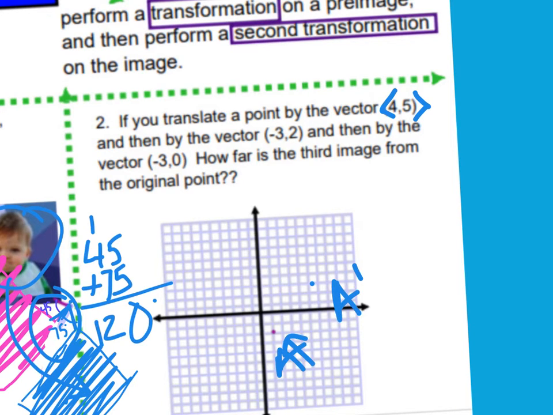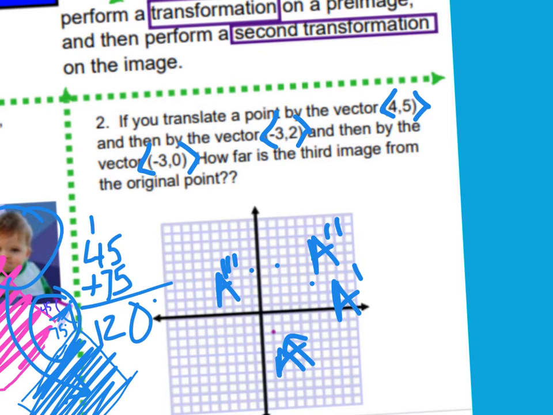That's my image point. Then if I translate it by the vector -3, 2, I go 3 to the left and up 2 more. This would be my A double prime, or my second image point. Then I'll translate it by the vector -3, 0. This is A triple prime, my third image point.